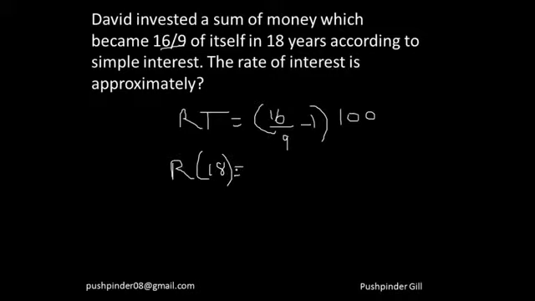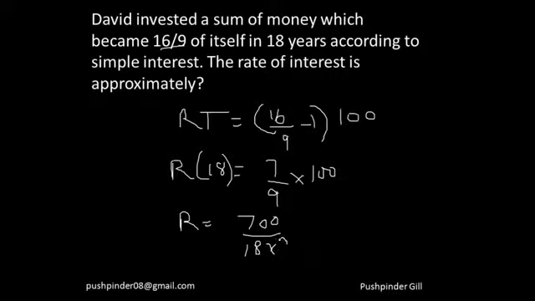What is 16 by 9 minus 1? That is 16 minus 9, that is 7 by 9, into 100. So my rate of interest is 700 by 18 into 9. This approximate value you can calculate.